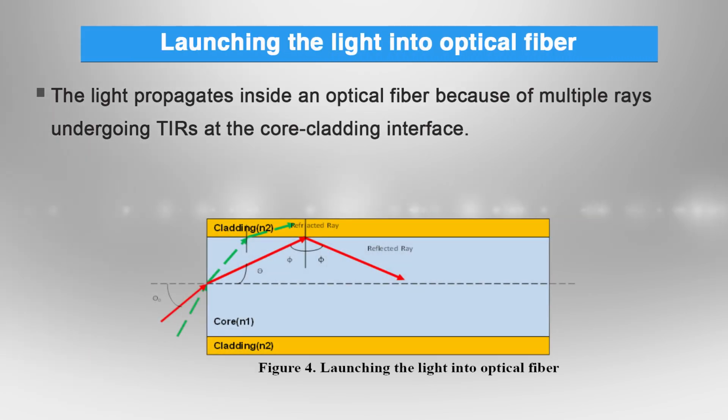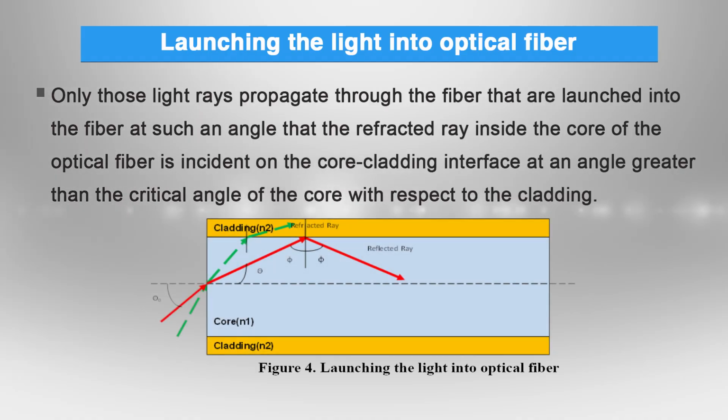Thus, we can say that light propagates inside an optical fiber because of multiple rays undergoing total internal reflections at the core cladding interface. For this to occur, the refractive index of the core glass must be greater than that of the cladding. This meets the first condition of total internal reflection.